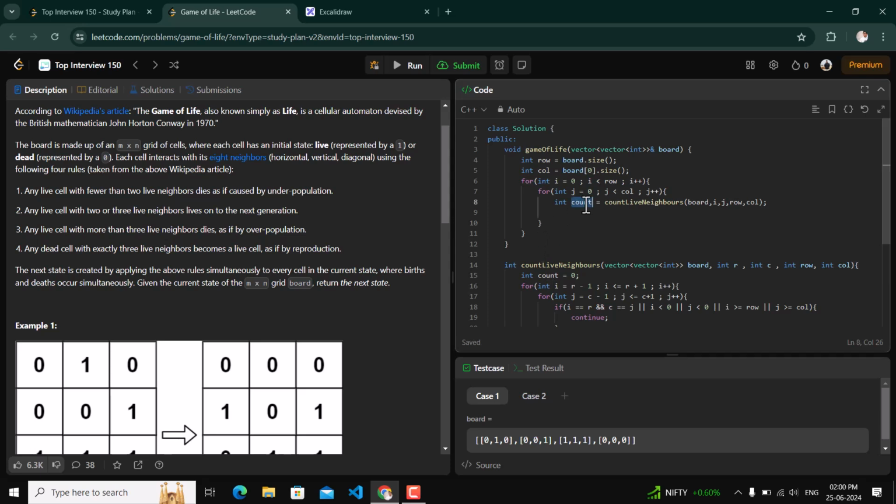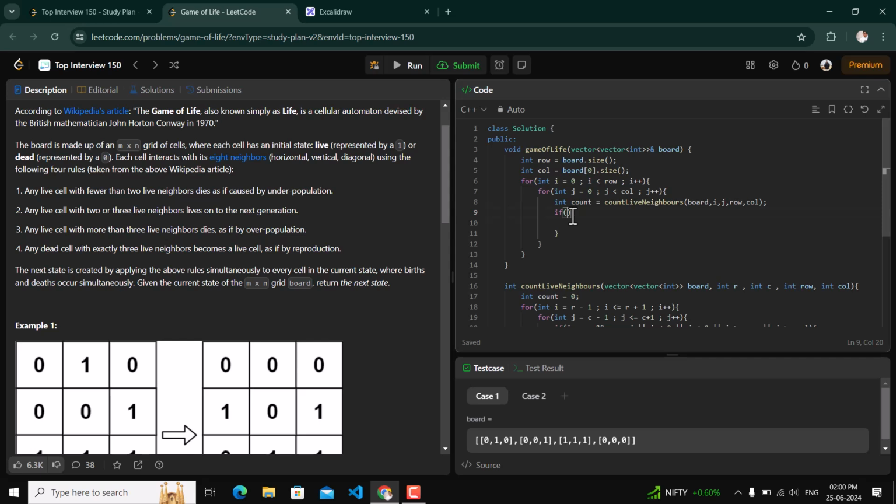Now on the basis of this count value, we have to take care of those 4 rules. So we will check if count is less than 2 or count is greater than 3, and the current cell board of i comma j is equal to 1.